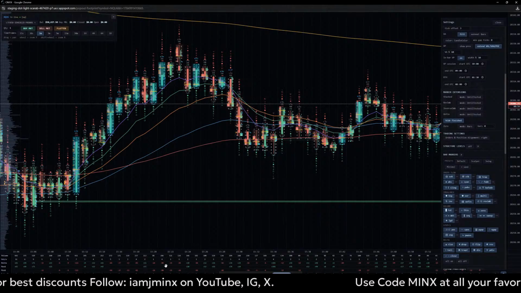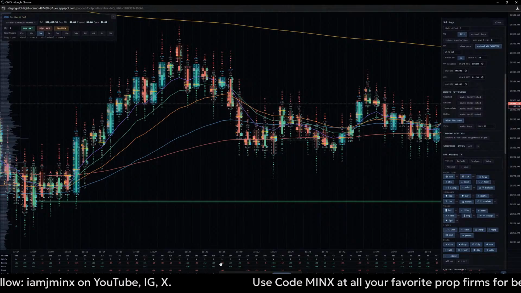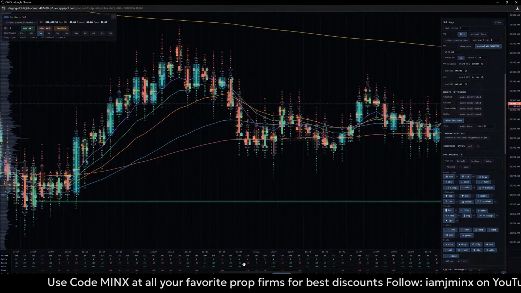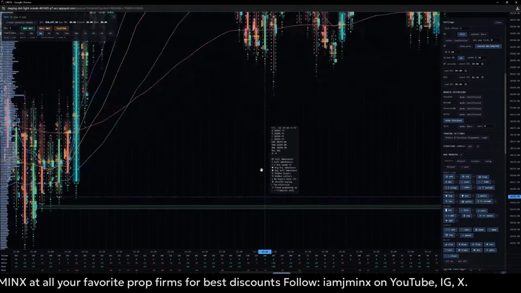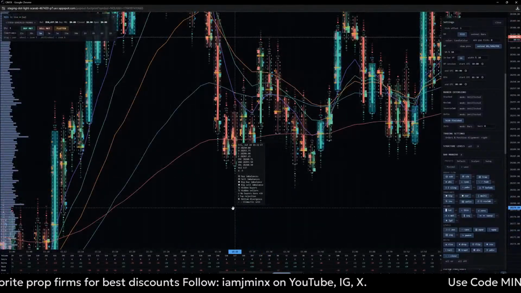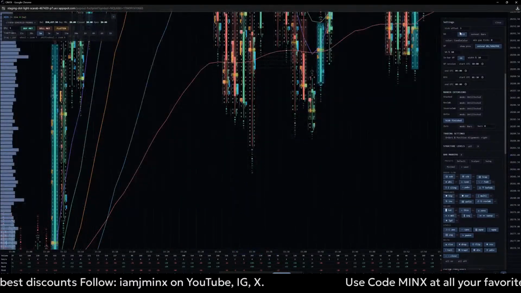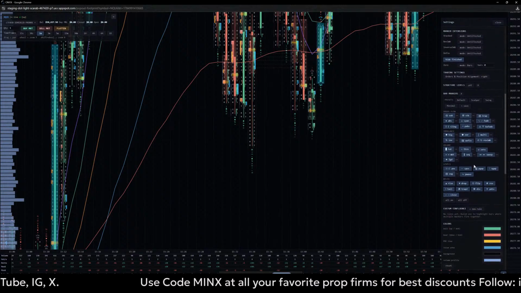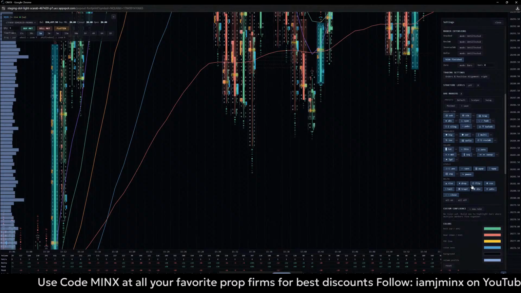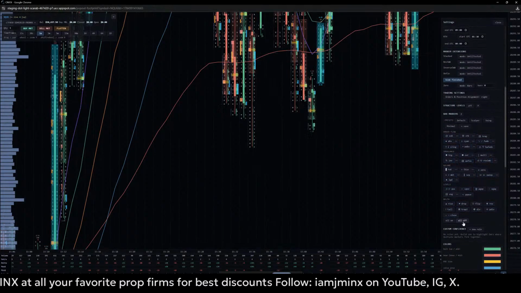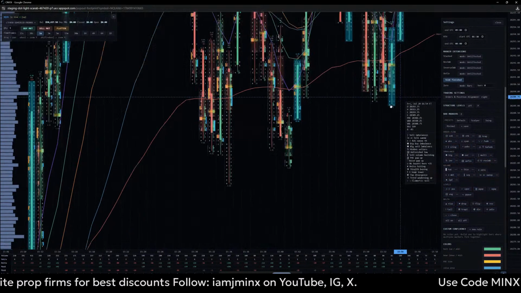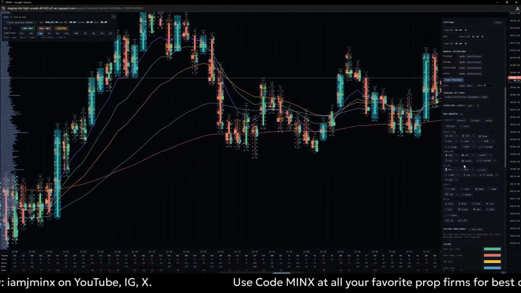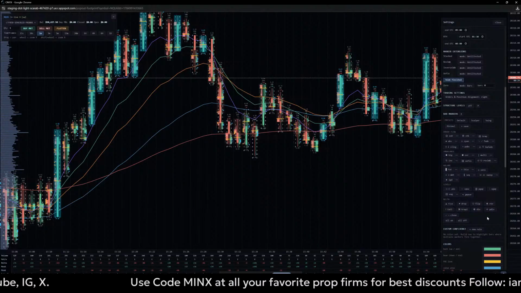Even if you're just looking at delta, and also point of control, you can actually undo all of these. If you don't want to see them, you can add them, you can remove them, turn them all off, or add just a few certain ones that you're always looking at.